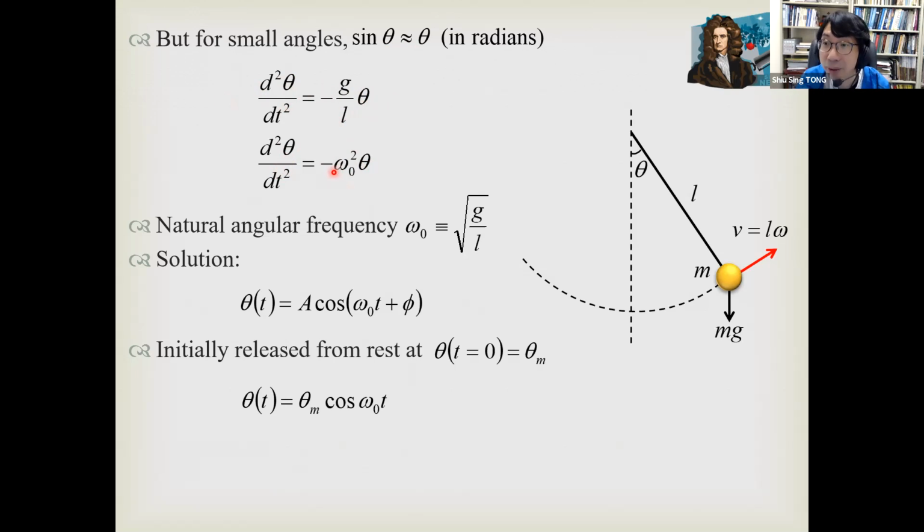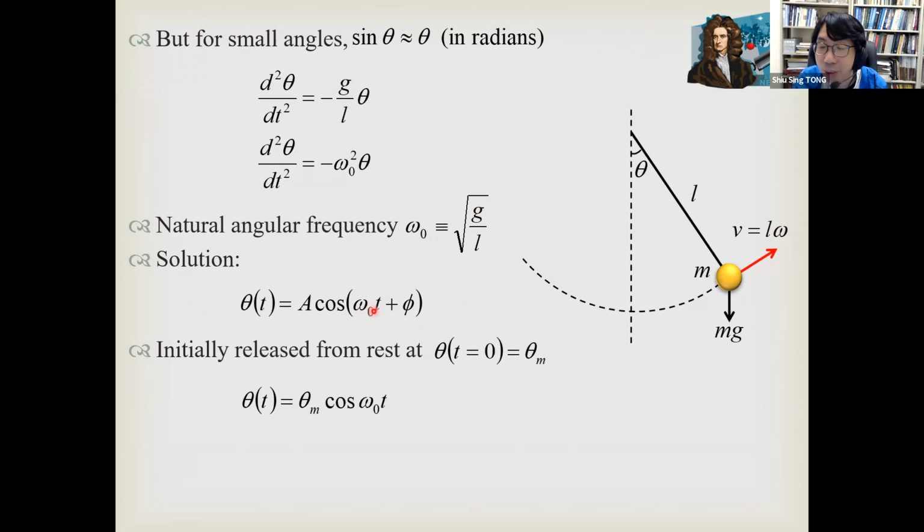That is the standard equation for simple harmonic motion. You can immediately write down the frequency, because the frequency squared corresponds to the coefficient in front of the variable, and in this case that is g over L. So the angular frequency is the square root of g over L, okay?